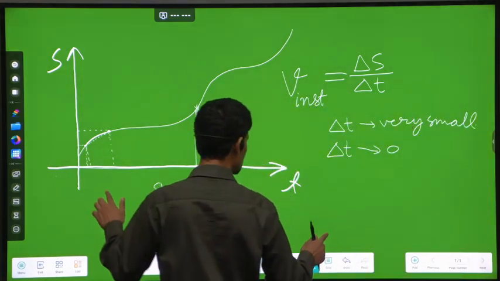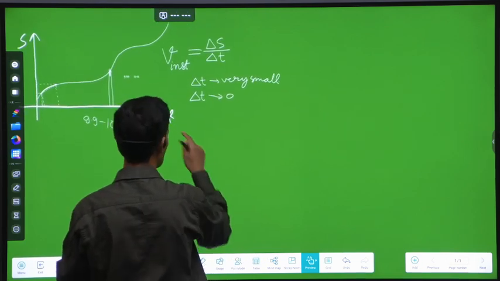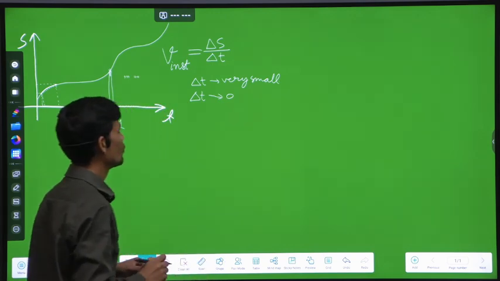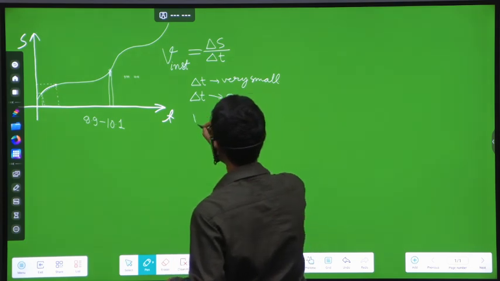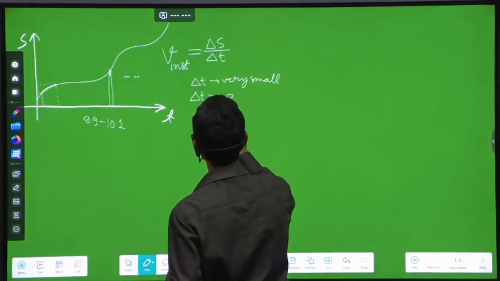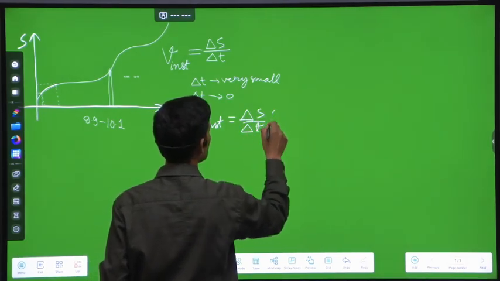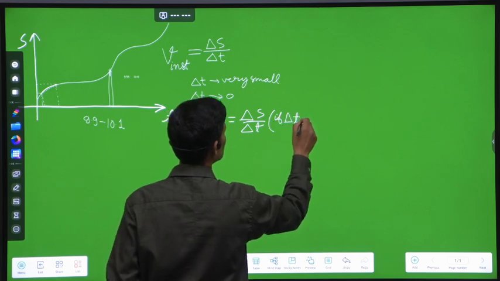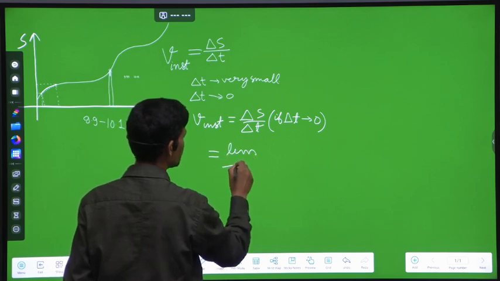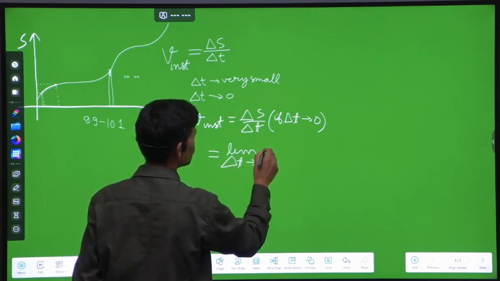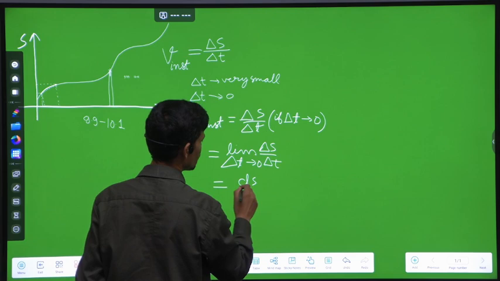So in such a situation, we don't use ordinary mathematics in which we divide the things, but we replace. See, v instantaneous is equal to delta s by delta t, and if delta t tends to 0, then we can write it like this: limit delta t tends to 0, delta s by delta t is equal to ds by dt.